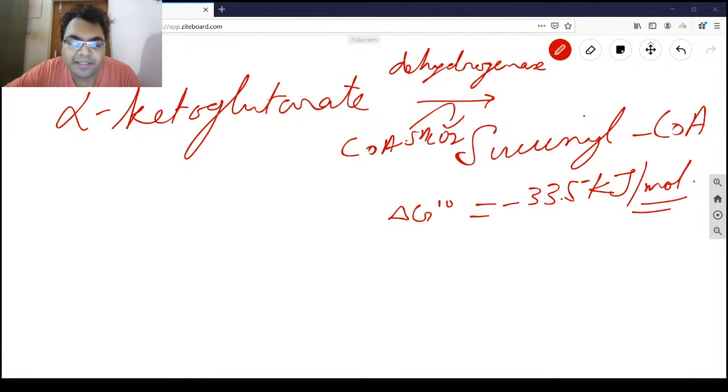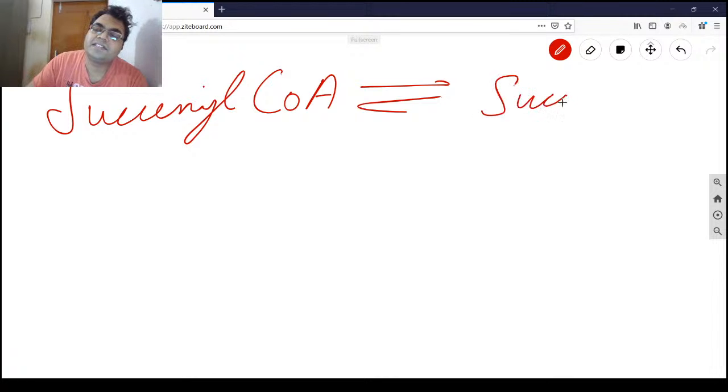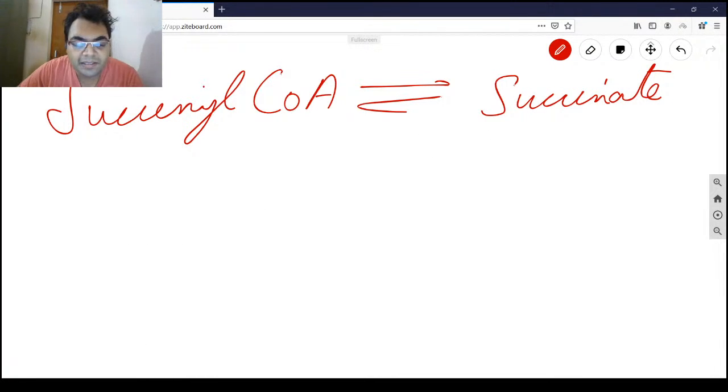Now the next very important reaction is the conversion of succinyl CoA to succinate. Now you have been able to produce the succinyl CoA. What I am doing is I have put a reversible arrow. Very important, remember.